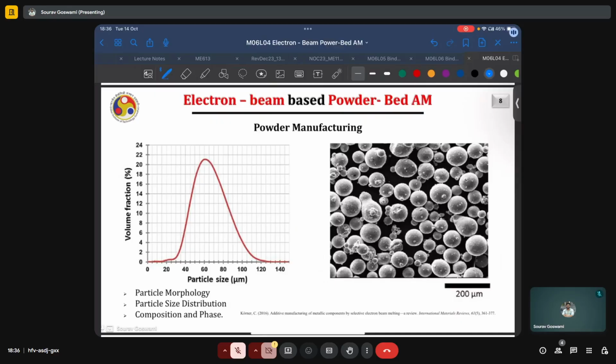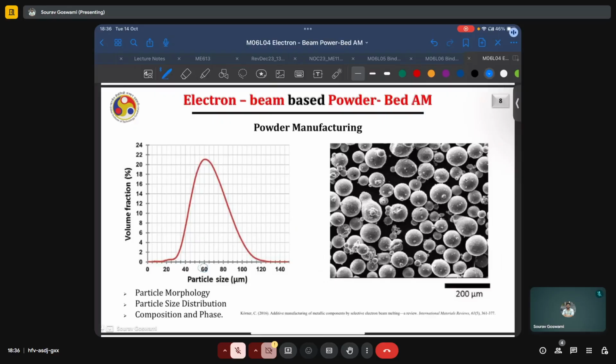However, irrespective of the process being used, whether it is some mechanical means, chemical means, or some atomization means, it is never entirely possible to get powder particles of uniform size. From this graph, we can see that the mean is approximately around 60 micrometers.